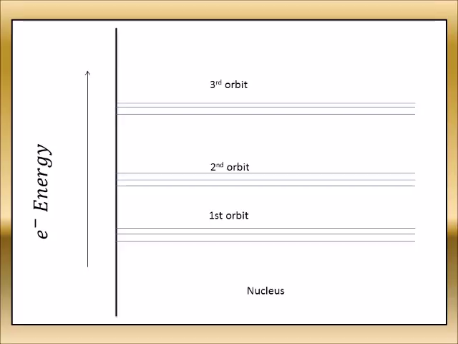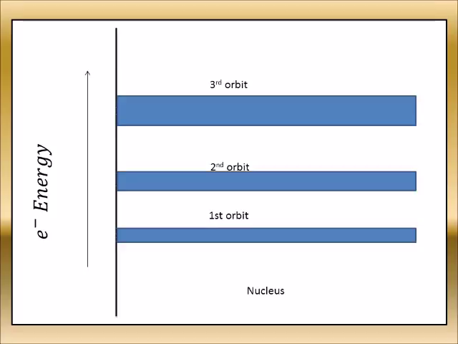If the number of atoms in the vicinity increases, there will be an increase in the number of discrete energy levels for different orbits. As the number increases, band formation occurs.